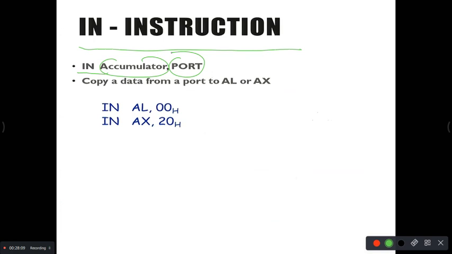The IO device address is called the port address. Why is it called the port address? Because normally your 8086 microprocessor data lines are not directly connected to IO. It is connected through another integrated circuit called the programmable peripheral interface, which is called 8255.